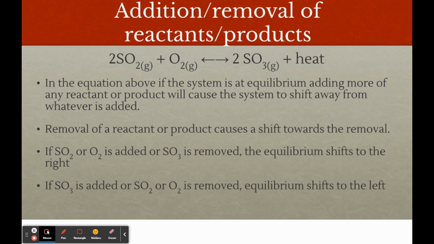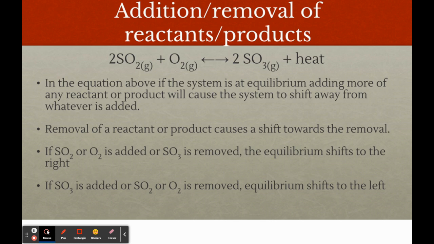So here is our reaction here. In the equation, if the system is at equilibrium, adding more of any reactant or product will cause the system to shift away from whatever is added. Removal of a reactant or product causes a shift towards the removal.